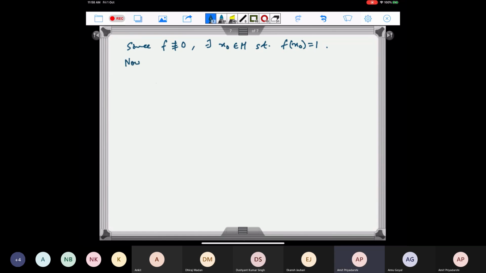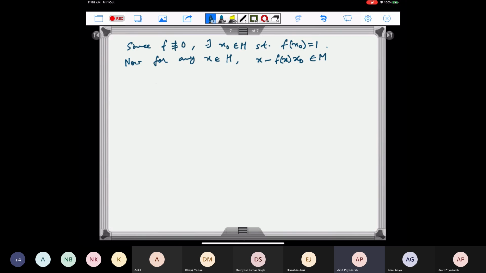So now for any x in H, x minus f x times x naught, this belongs to M. Right? Because if you take f of this, then that will be equal to f x minus f x times f x naught, and f x naught we have chosen to be 1, so we get this is equal to 0.